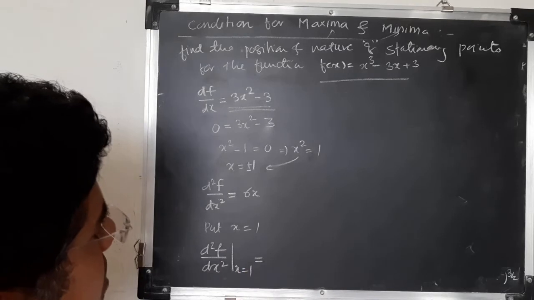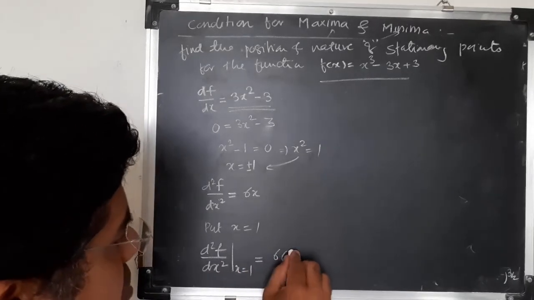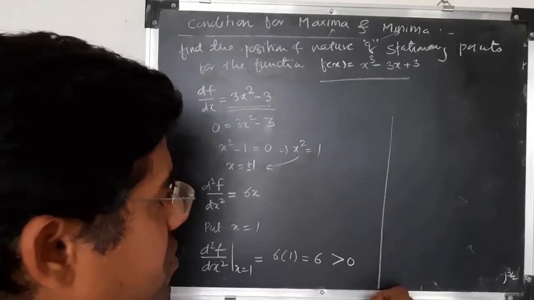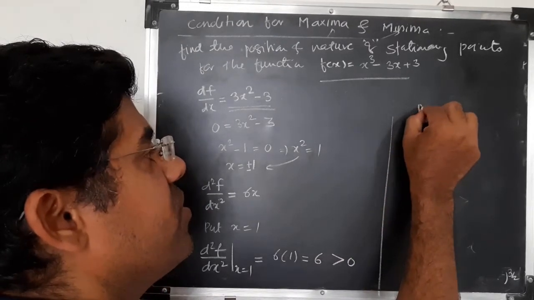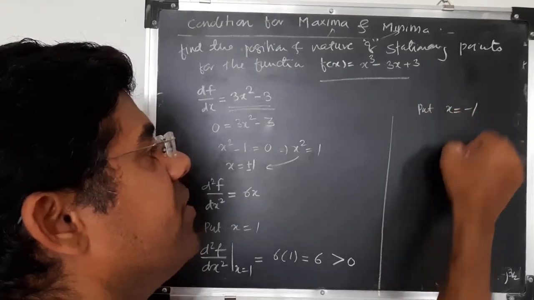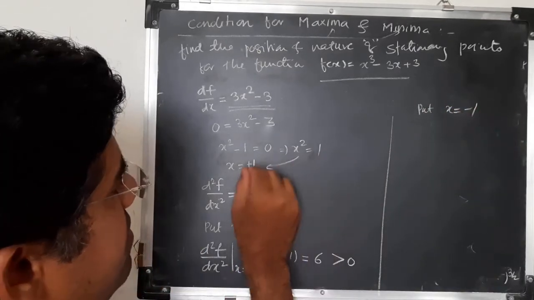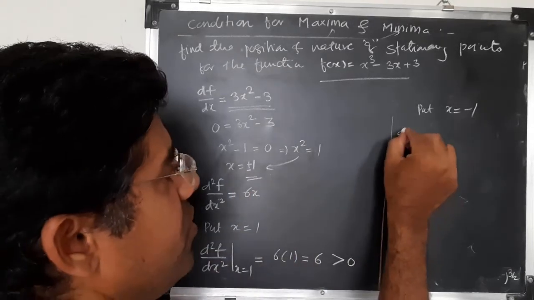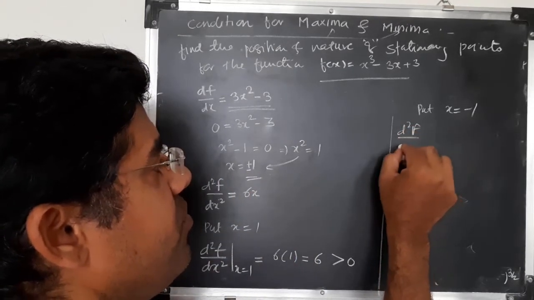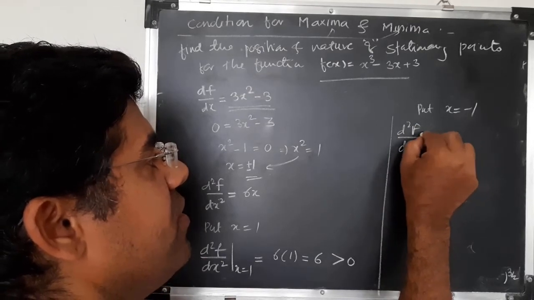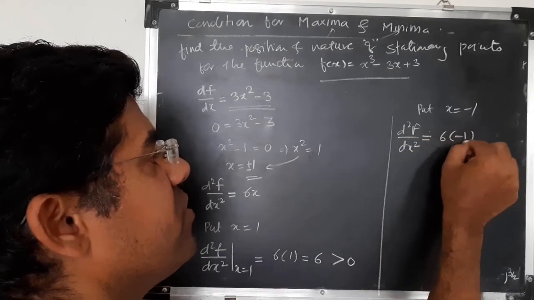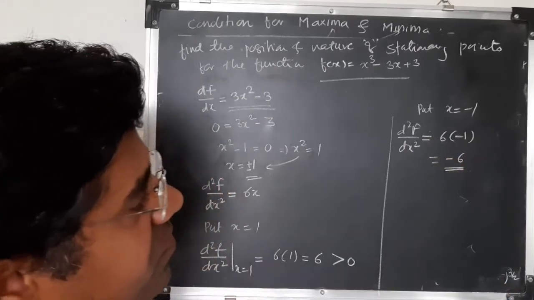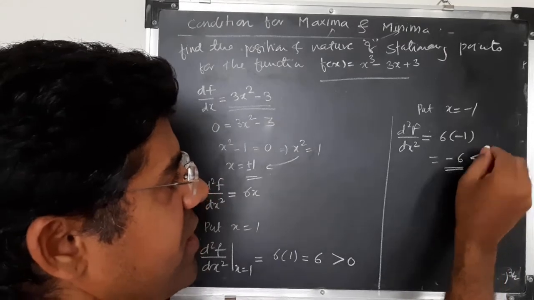That is 6 into 1, that is 6, which is greater than 0. When we put x equal to minus 1, d2f by dx square is 6 into minus 1, that is minus 6, which is less than 0.